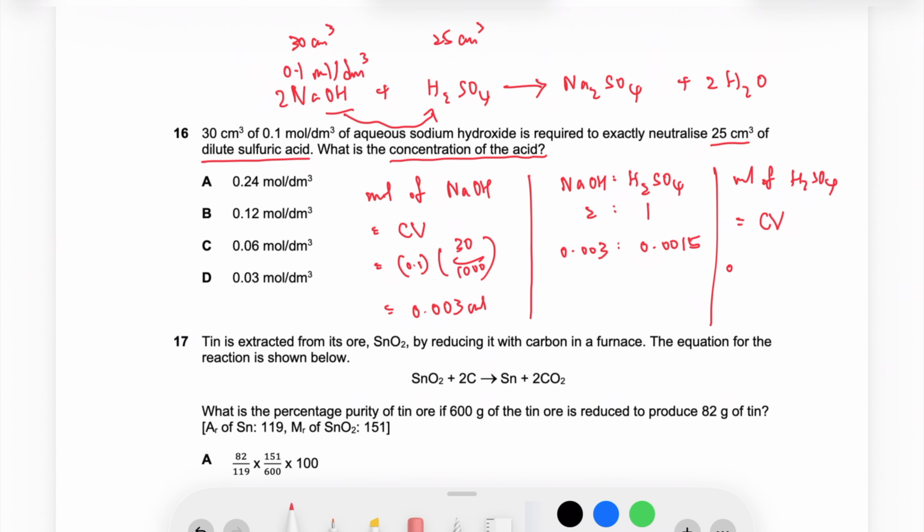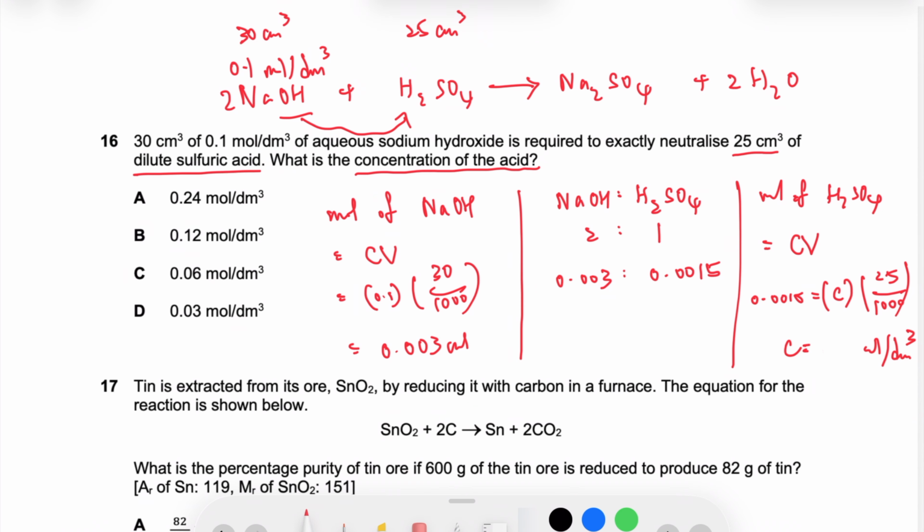So the mole we already have is 0.0015. Concentration is the one we are looking for. Volume is 25 over 1000. So concentration will be, okay, so you'll get 0.06. So answer will be C.